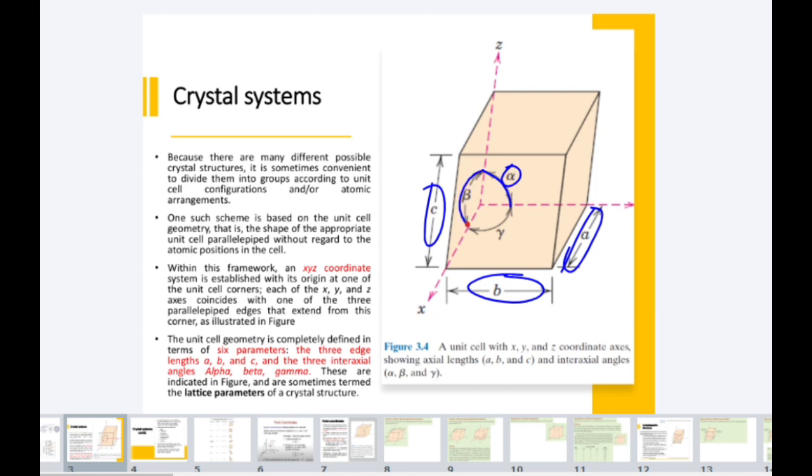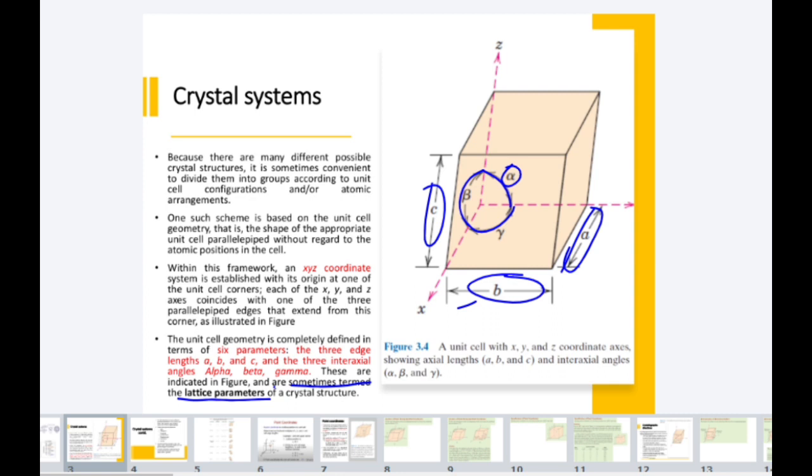We have beta, which is the angle between the X and Z axes, and the angle between X and Y is gamma. So the unit cell geometry is completely defined by 6 parameters, the 3 sides and the 3 angles. These are indicated in the figure you see, and sometimes these parameters are termed the lattice parameters of a crystal structure.